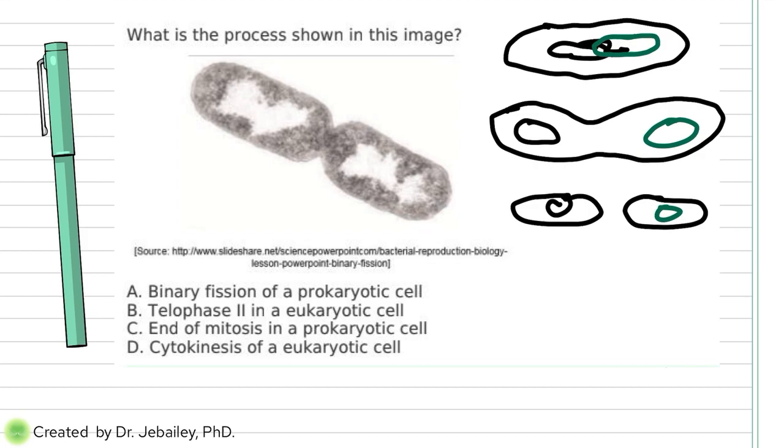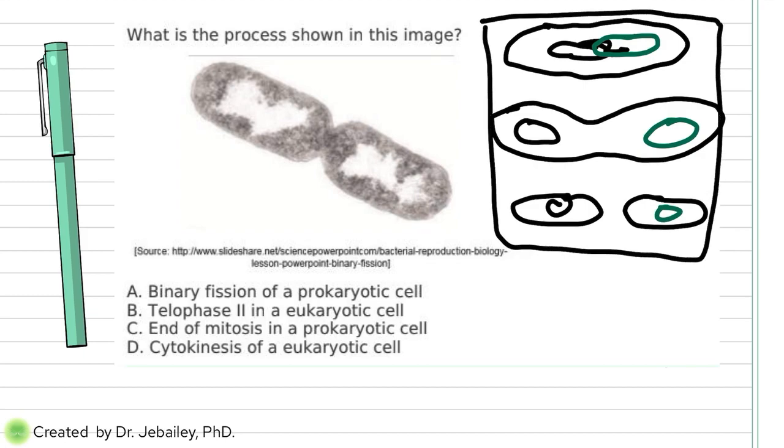If you compare my drawing to the picture here, you can see that this resembles this. Looking at the question, it asks what process is shown in this image. You can see that it's budding in the middle. Let's look at the options. The first one says binary fission of prokaryotic cells.